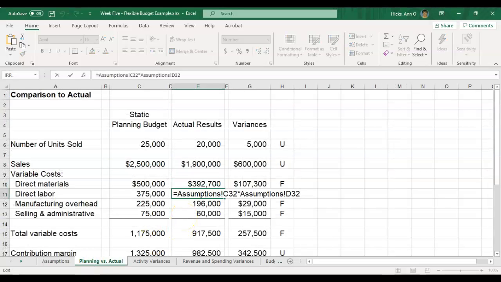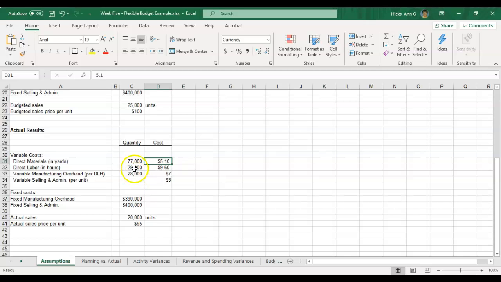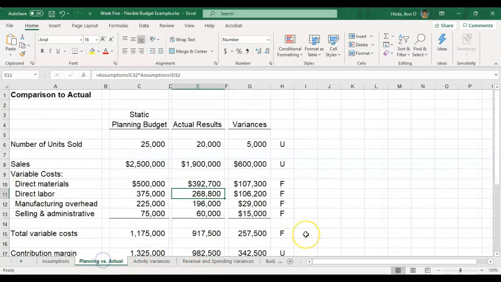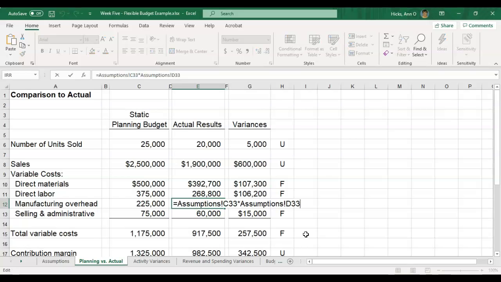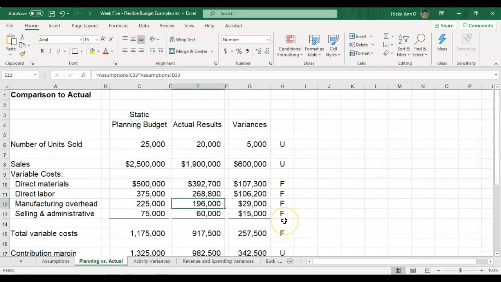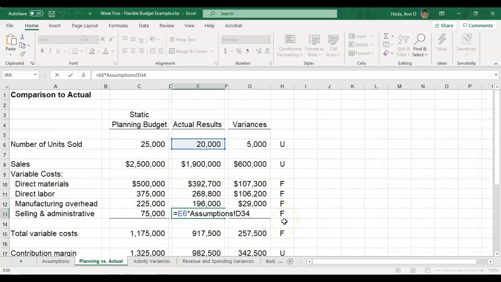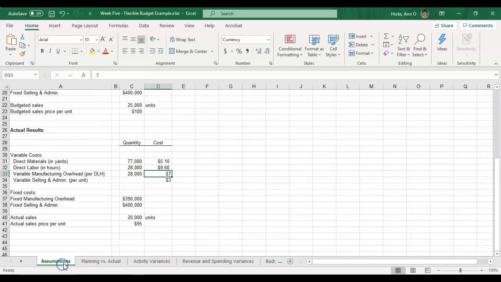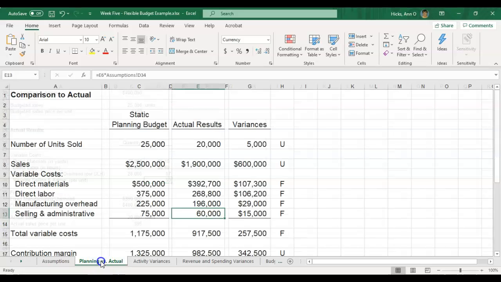Direct labor came in at 28,000 hours times a cost of $9.60 per hour. Manufacturing overhead, the same 28,000 direct labor hours at $7 per hour. And then the selling and admin was the 20,000 units we sold at the $3 per unit.